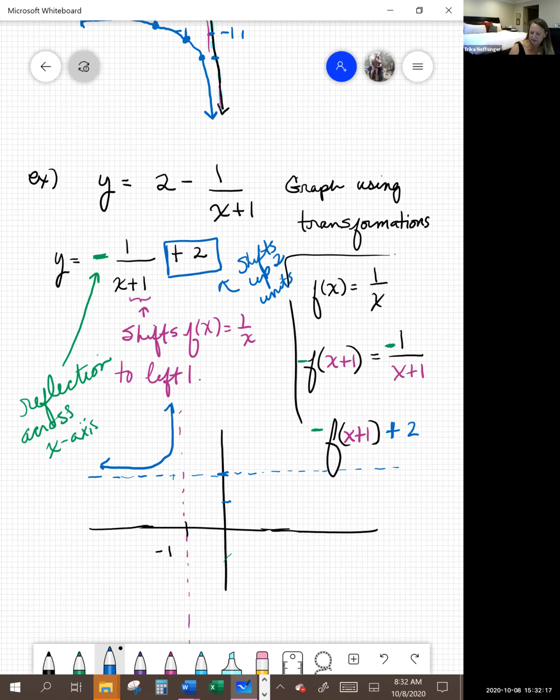This piece that was up here before is reflected across the x-axis, but it was shifted up, so it looks like this. So this is our graph of y equals 2 minus 1 over x plus 1.